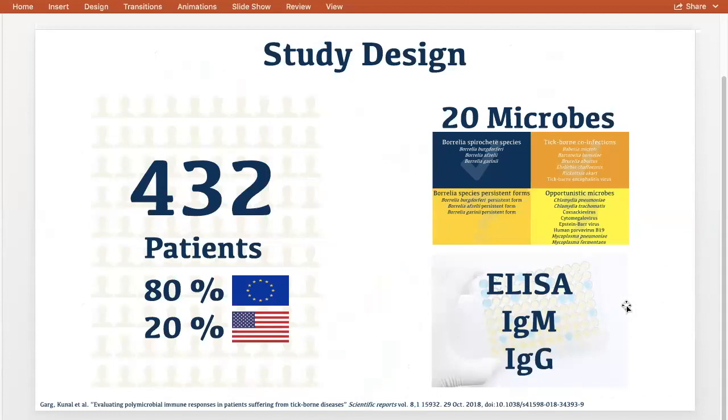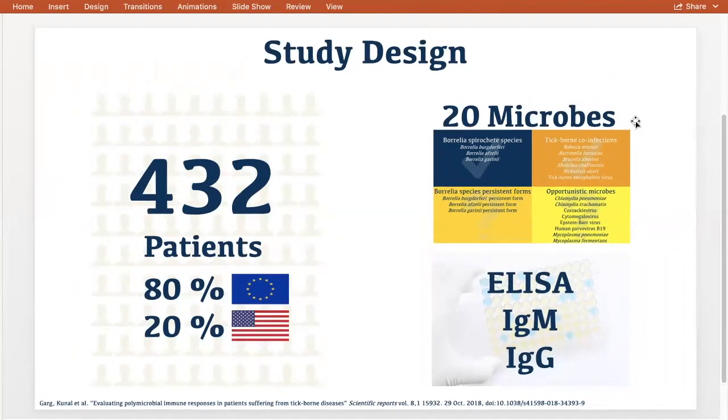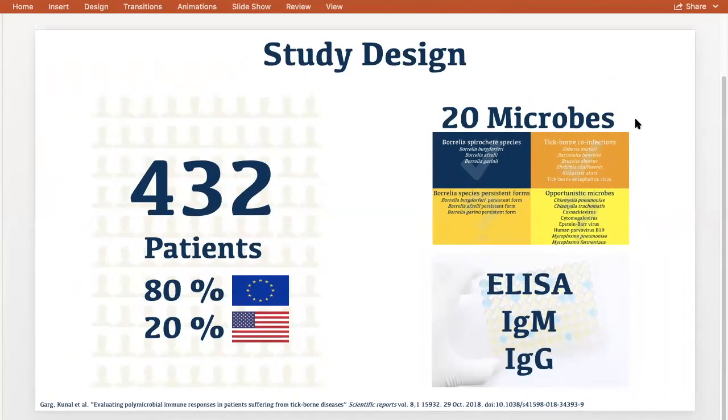And we included the 20 microbes that we went through just now: the Borrelia spirochete species, Borrelia persistent species, opportunistic microbes, and the tick-borne co-infections. And we used the normal ELISA platform, wherein we measured for each patient and each microbe the IgM and IgG response.